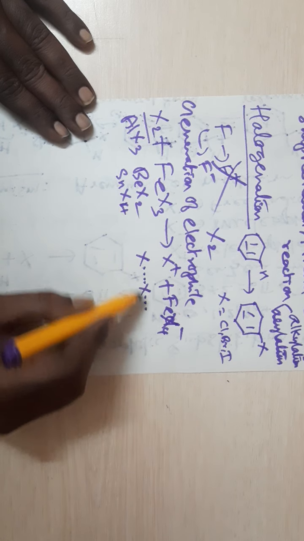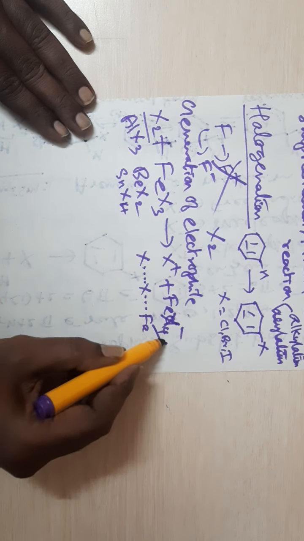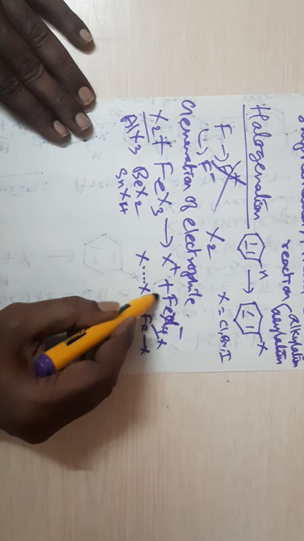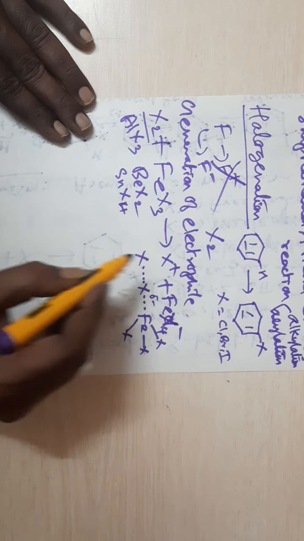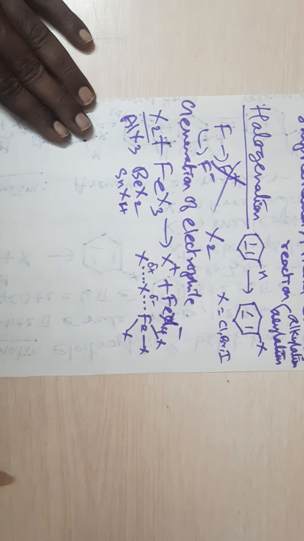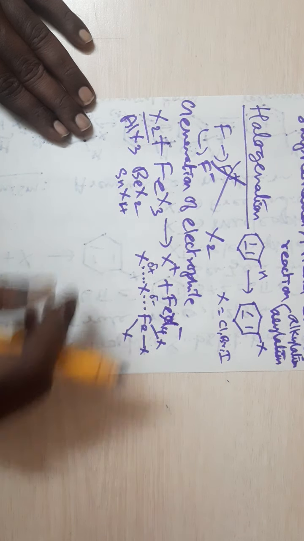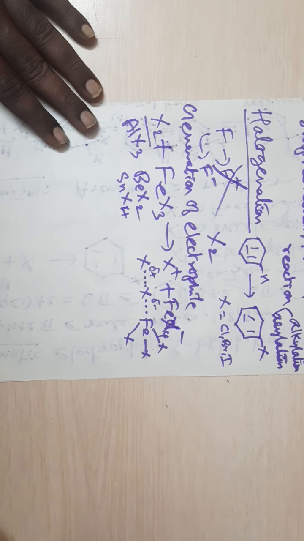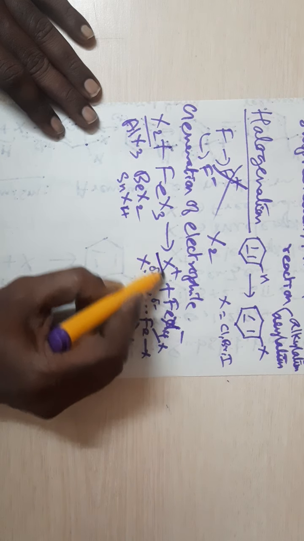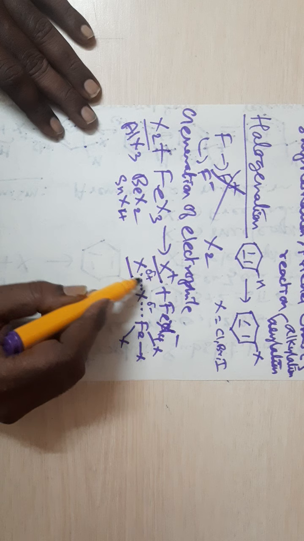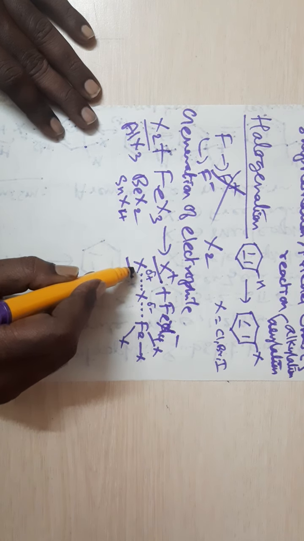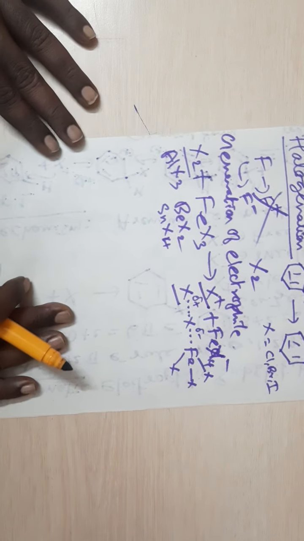See, this is the complex-like structure with FeX3. Here you have a negative charge separation and this one is your positive charge separation. So it is how the X2 divides. It is divided by the Lewis acid, namely FeX3. So the X plus can act as an electrophile, or the positive charged complex. The end having a positive charge in the complex can act as an electrophile.